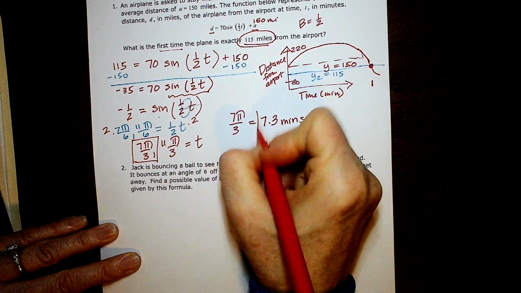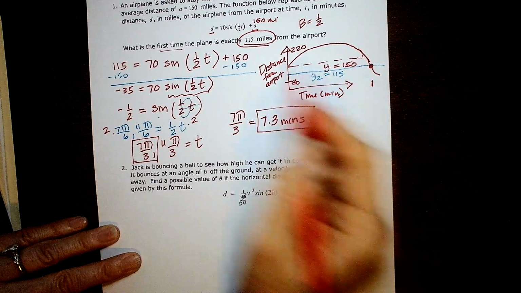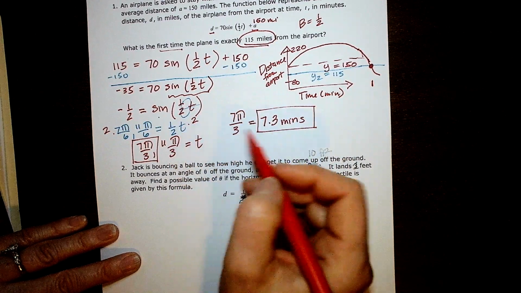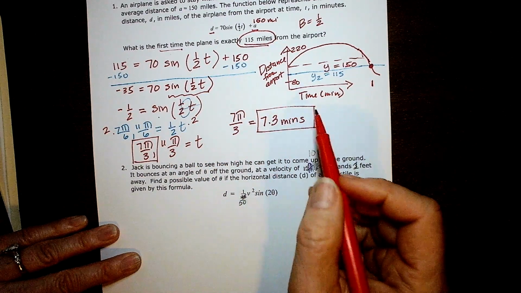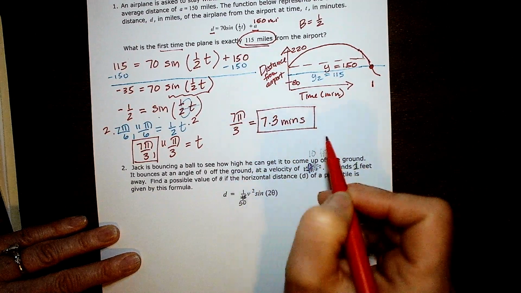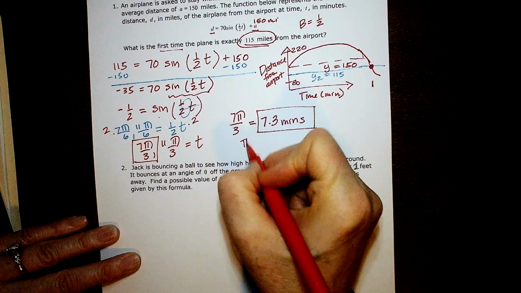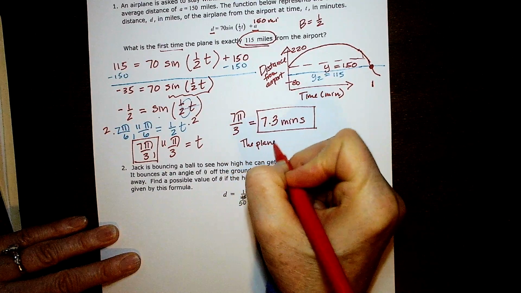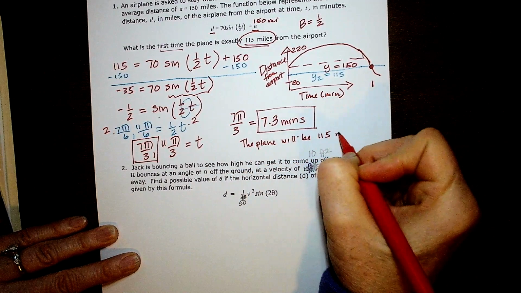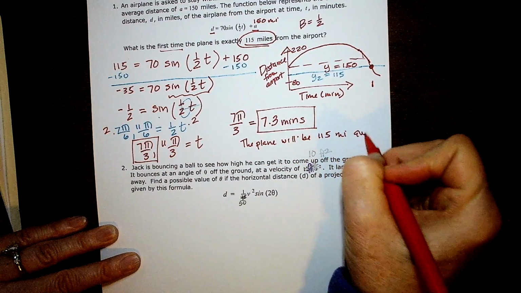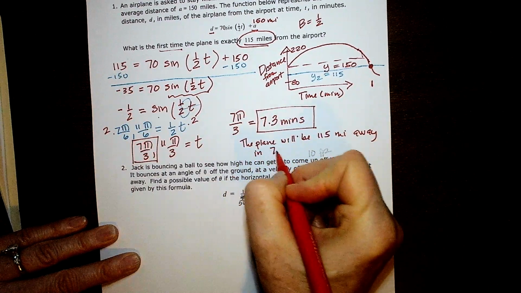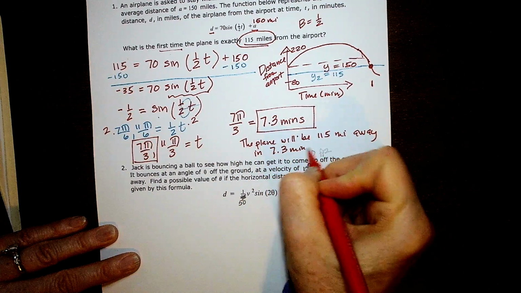So it's very much the solving you are familiar with, but answering it in context. The plane will be exactly 115 miles from the airport in 7.3 minutes. That was my d value, in 7.3 minutes.